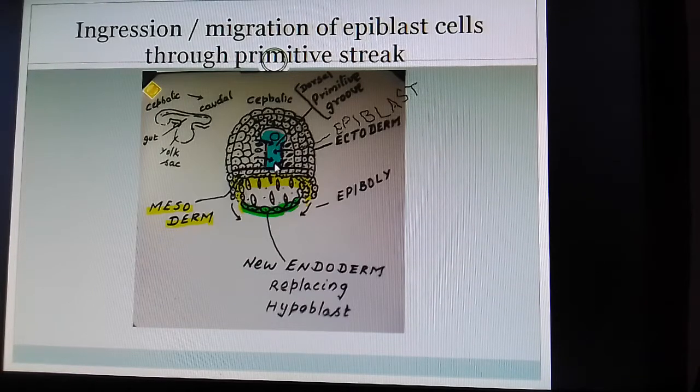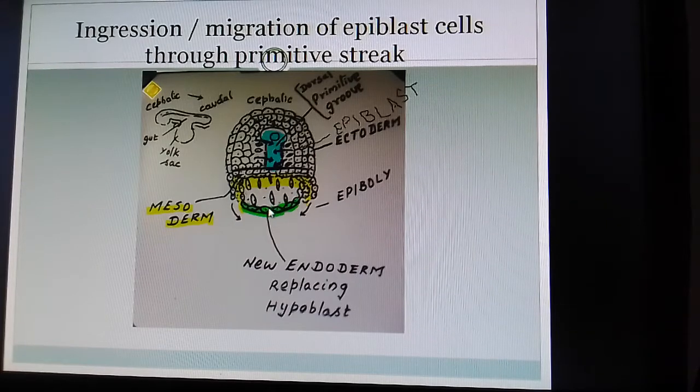If you assume this may be the dorsal part of the future organism, the cells will be going into this blastocele towards hypoblast, which will be the ventral region. And now here you see the arrow mark that shows how the epiblast cells pass through this primitive groove and reach this blastocele and make a new layer at the region of hypoblast.